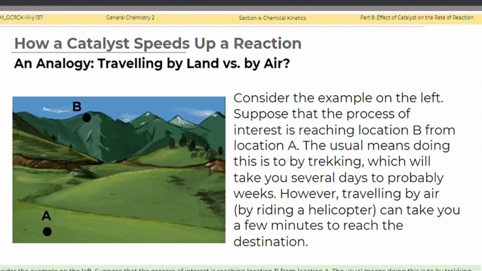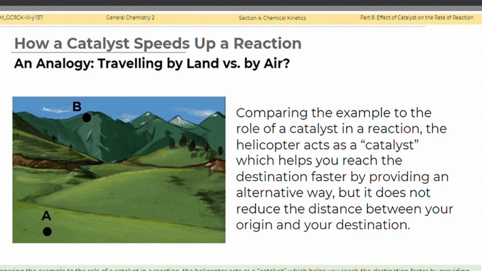Consider the example on the left. Suppose the process of interest is reaching location B from location A. The usual way is by trekking, which will take you several days to probably weeks. However, traveling by air, by riding a helicopter, can take you a few minutes to reach the destination.